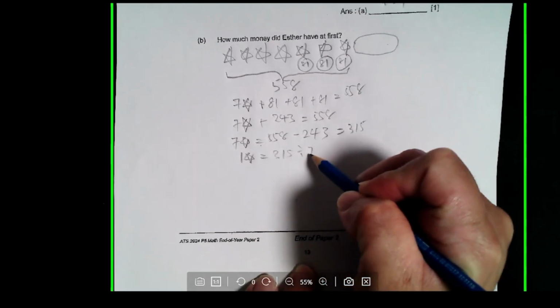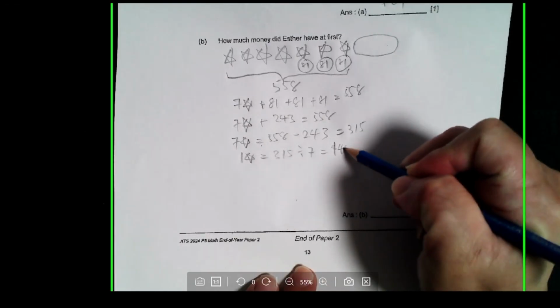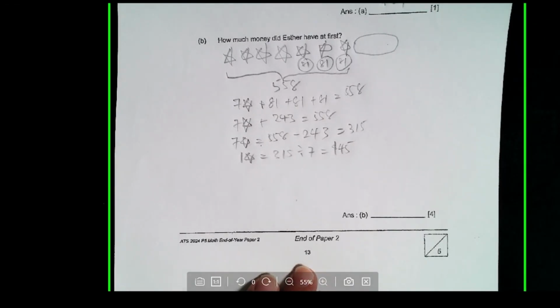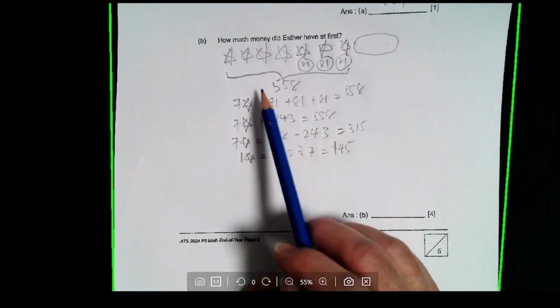Okay, so 7 equals $45. This is what she bought so far, okay? So you know, 1 star is $45.